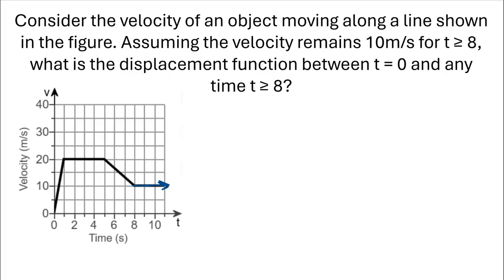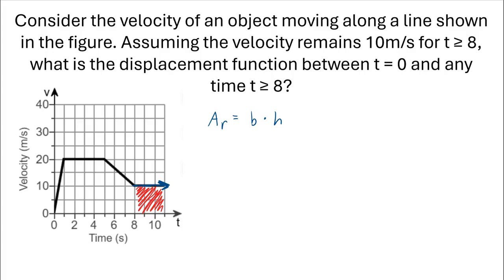The first thing we need to do is come up with an expression that will represent the area under the curve from 8 on. So in other words, we need to come up with an expression that will represent this area and beyond. The good news is that the velocity remains constant for any t greater than or equal to 8. It remains constant at 10.